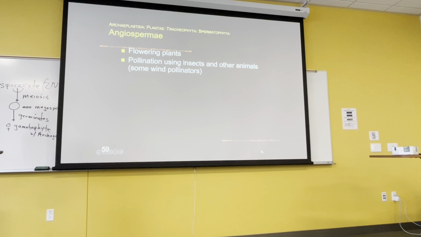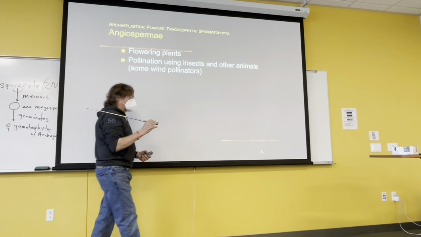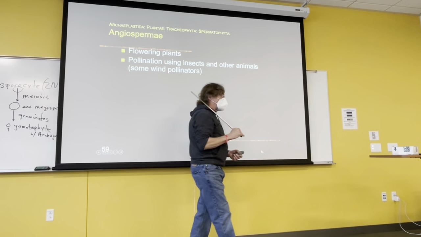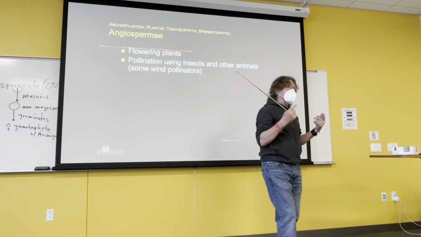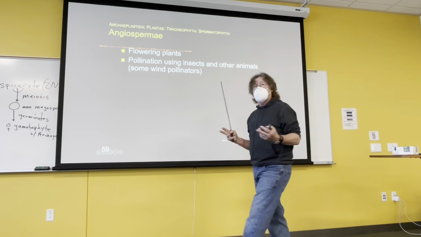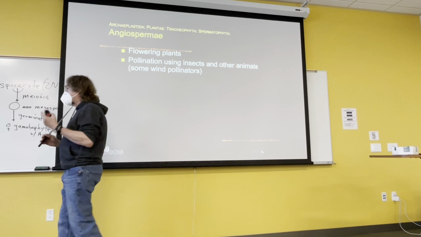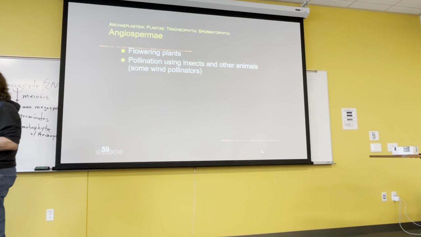Now here, one of the advances of the flowering plants is that they have evolved a relationship with various other types of organisms as pollinators, mostly insects, bees, ants, sometimes beetles, but also hummingbirds and sometimes even bats.